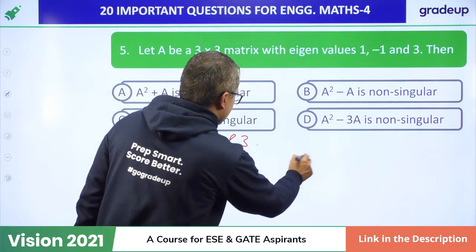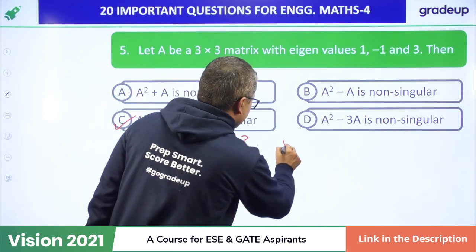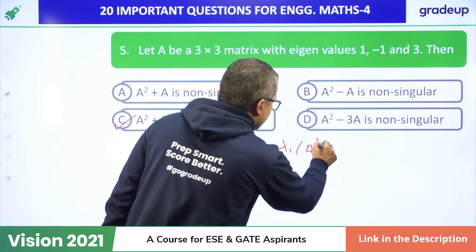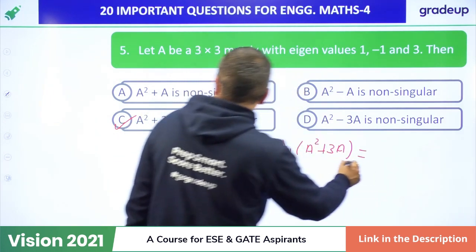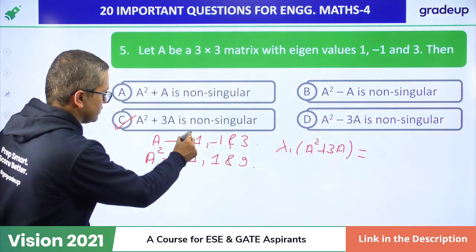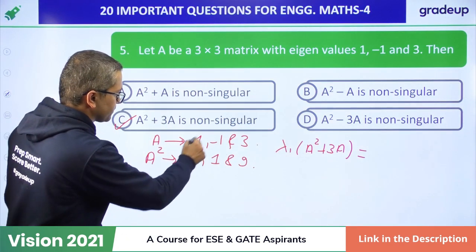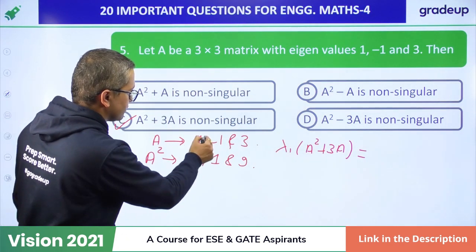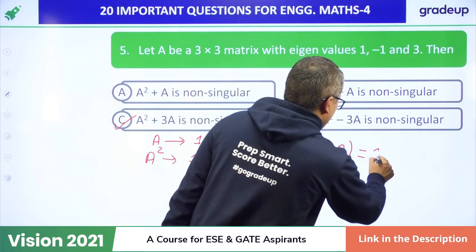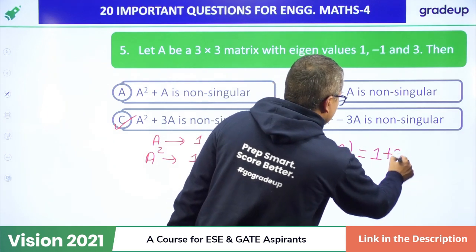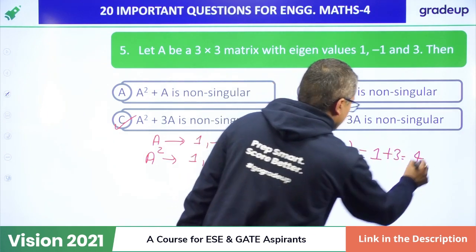Okay, let's say this. Eigenvalue lambda 1 of A square plus 3A equals, I'm just going to put these values over here. A square I've already calculated. For lambda equals 1, I'm going to just substitute these values here. So 1 plus 3 equals 4, all right?